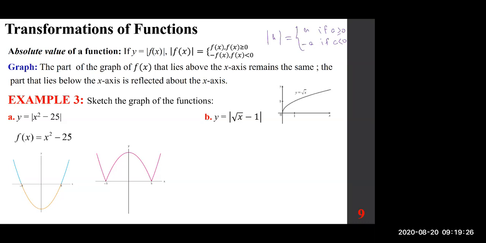That means it shifts down by 1 unit. So step 1, the basic elementary essential function of y equals square root of x. Step 2, shift it down by 1 unit.